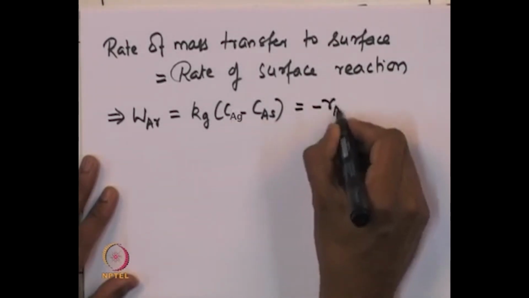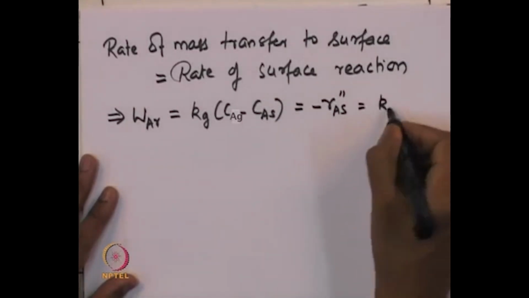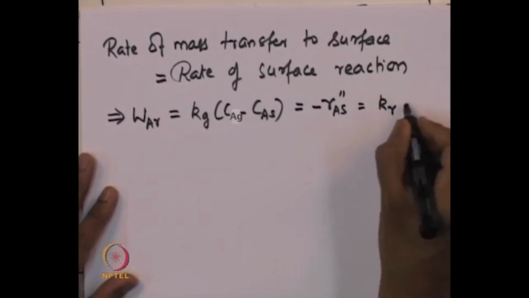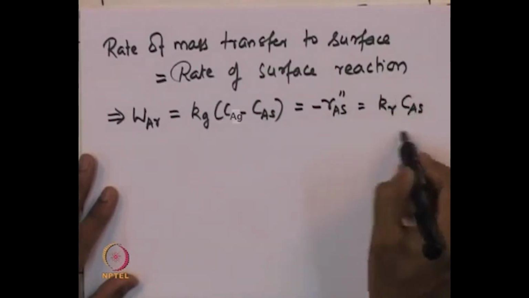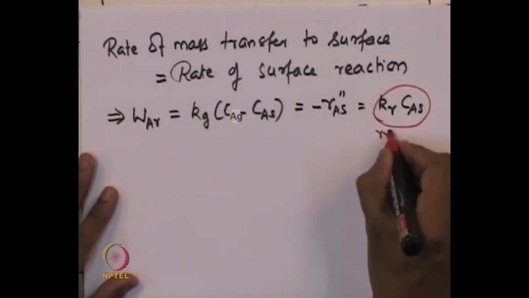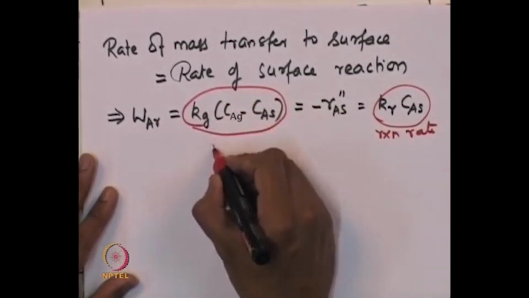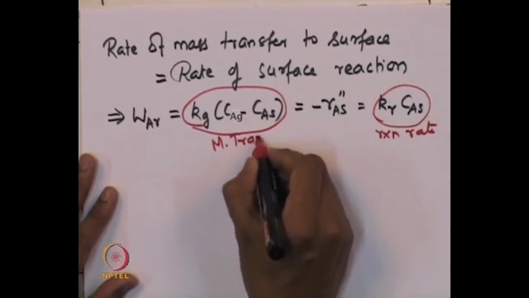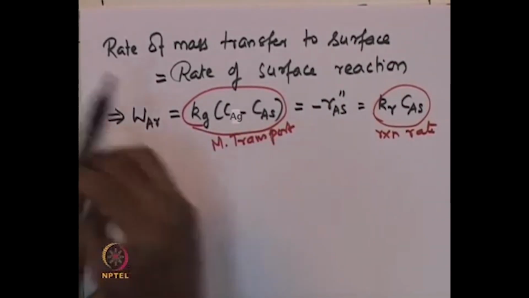That should be equal to the reaction rate Ra double prime, which is equal to Kr, the specific reaction constant, multiplied by Cas, the surface concentration. This is the net reaction rate, and this corresponds to the mass transport.